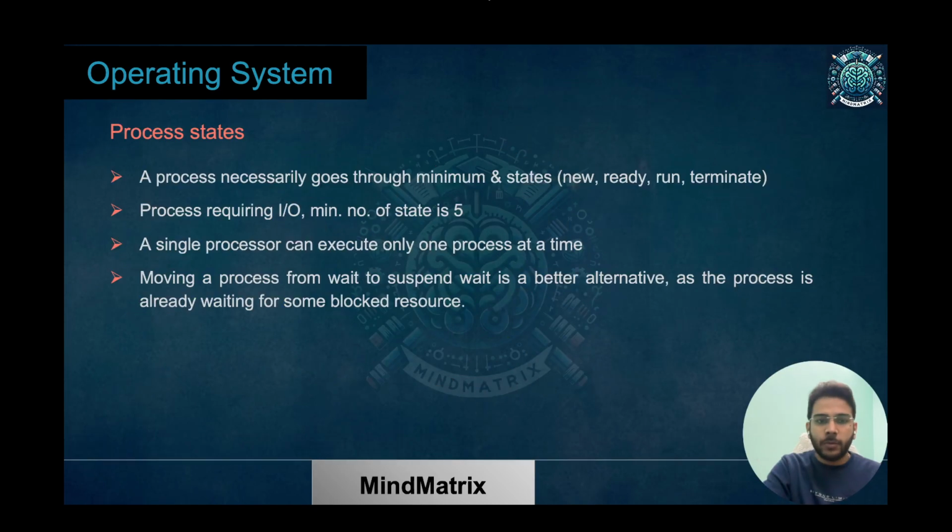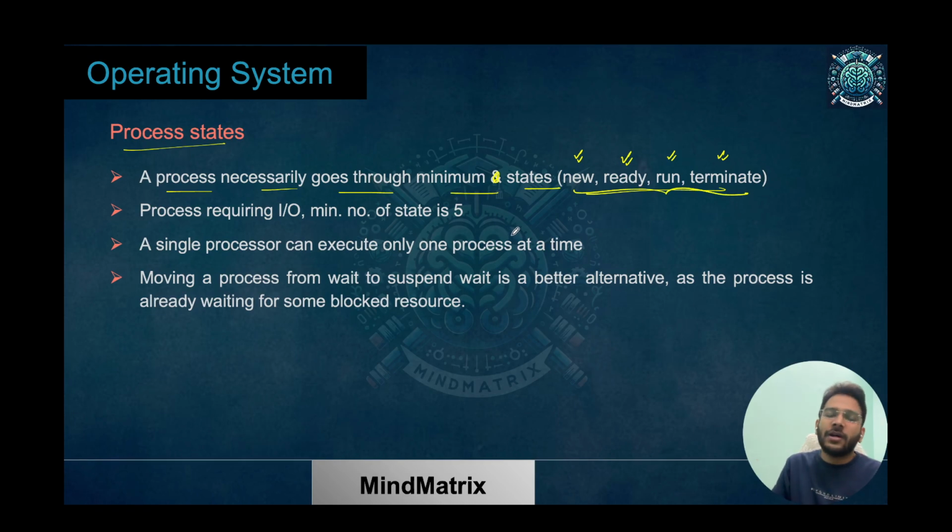Right? Let's proceed. Further in process states, a process necessarily goes through at minimum these states: the new state, ready state, run state, and terminate state. So a minimum of these 4 states a process has to go through.